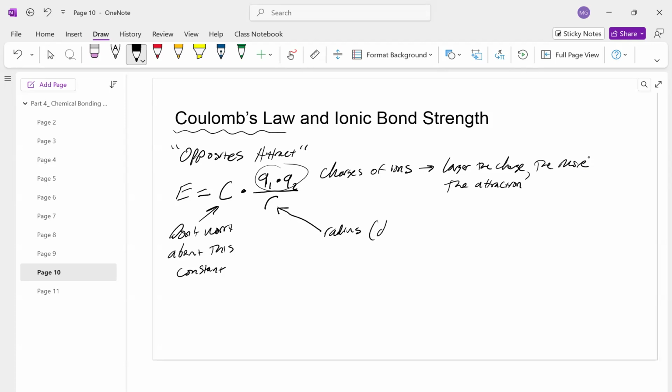You can just think of this as the distance between two charges. Now, because it's at the bottom of a fraction, the smaller that number is, the larger the attraction. So the closer the charges, there's more attraction. Farther away, there's less attraction.